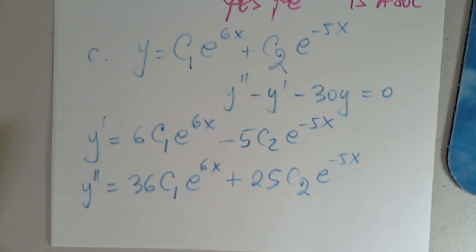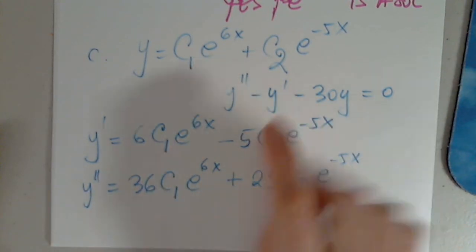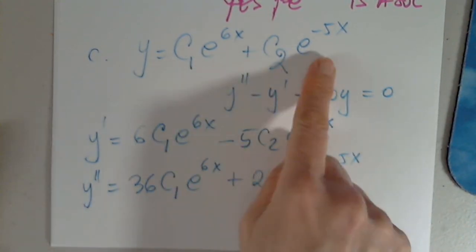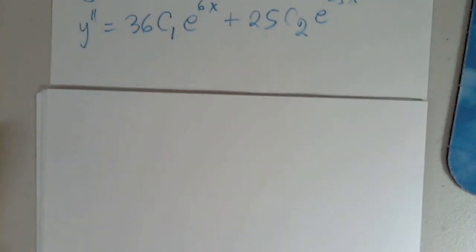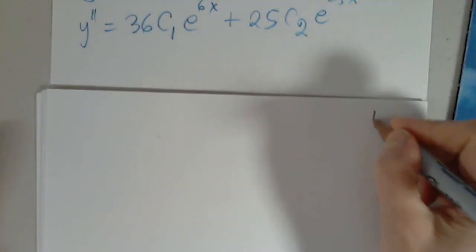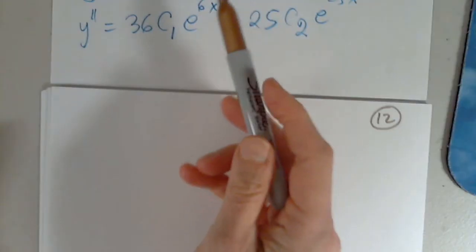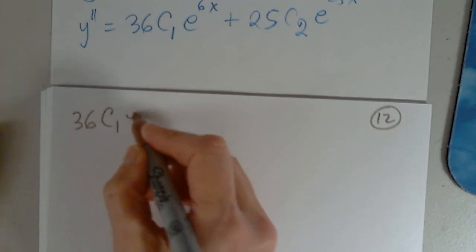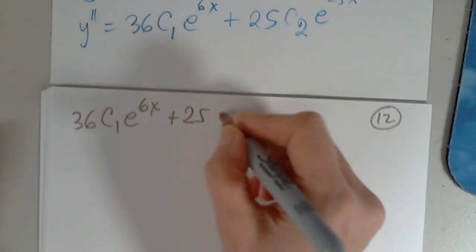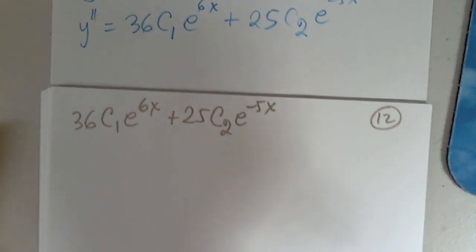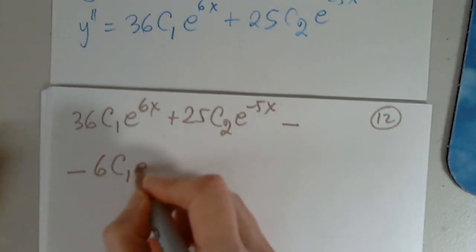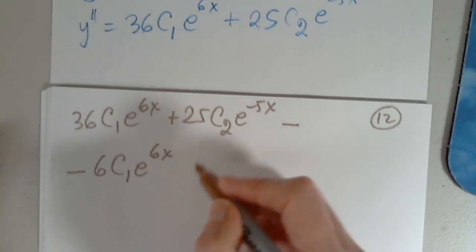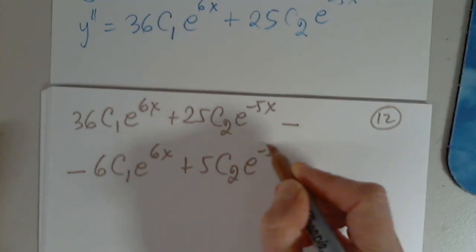All I have to do at this point is just plug them in. The second derivative by this, the first derivative by this, and y by that. And show that it equals 0. So I replace the second derivative first, of course, 36 c1 e to 6x plus 25 c2 e to negative 5x, minus the first derivative, minus 6 c1 e to 6x, but plus, I have to distribute, 5 c2 e to negative 5x.